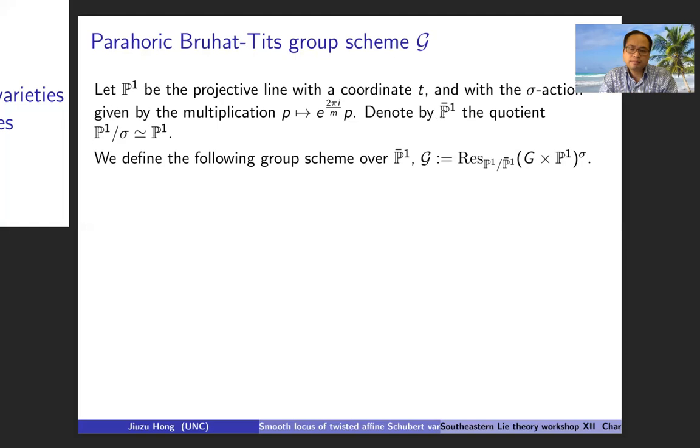Now let P1 bar be the quotient. In fact, this P1 bar is also isomorphic to P1, of course. To distinguish it from the original P1, we use P1 bar. Now we can define the following group scheme over P1 bar. It is defined as the Weil restriction of the constant group scheme on P1 down to P1 bar, and then you take the sigma fixed points.